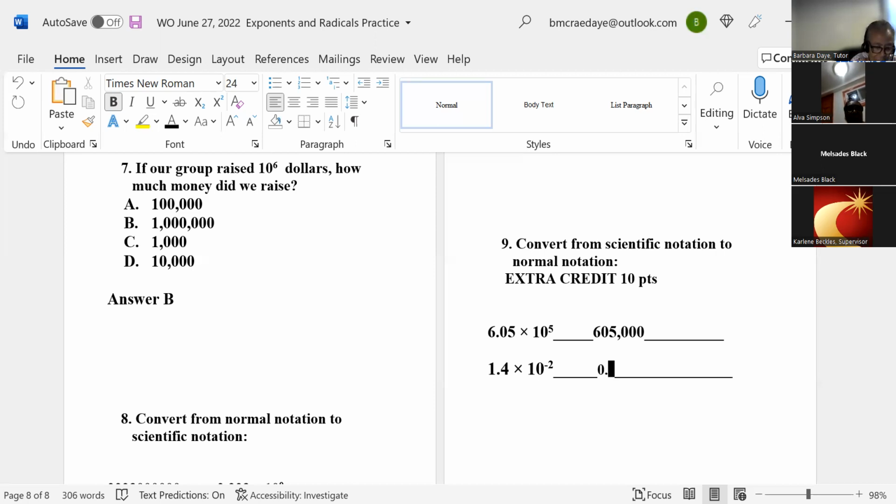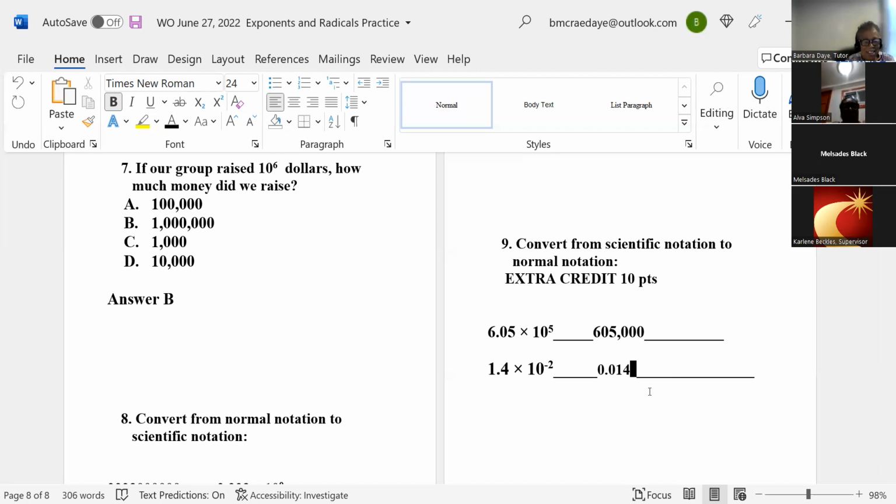So this would be 0.014. Because if you move it 2 places, it's between the 1 and the 4. Got it?